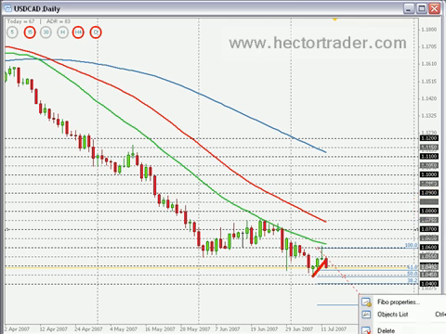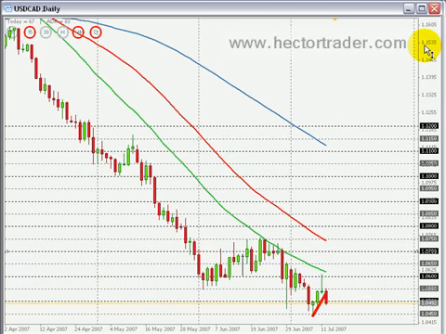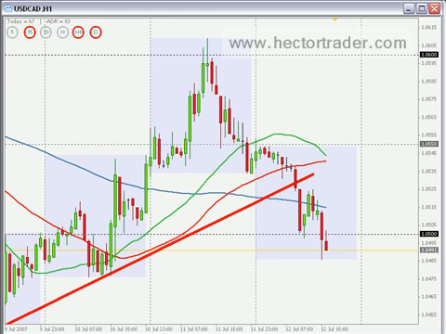Quite a nice run to the downside. If it finally reaches down there, it's going to be around 200 pips of profit. But like I say, I've just triggered the entry. Let's see.